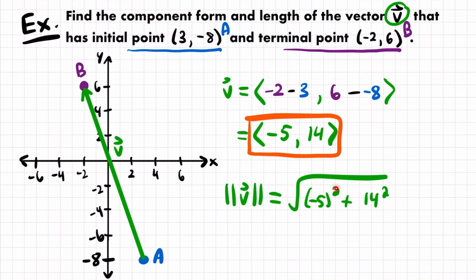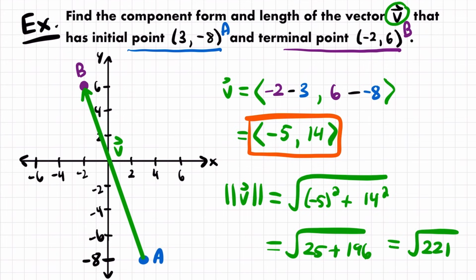Now, negative 5 squared is 25, so this is equal to the square root of 25 plus 14 squared, which is 196, and 25 plus 196 is 221, and so this is equal to the square root of 221, which I believe does not simplify any further. And so the square root of 221 is the length or the magnitude of vector v.